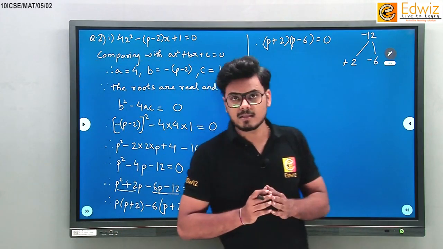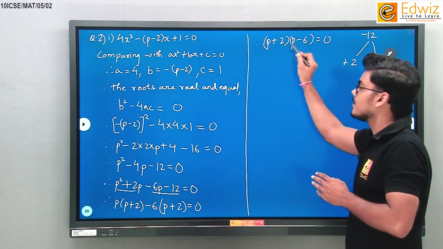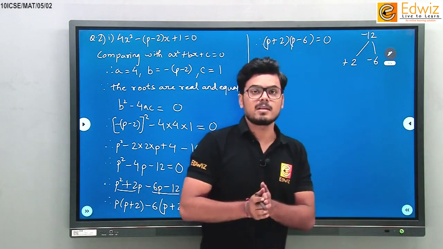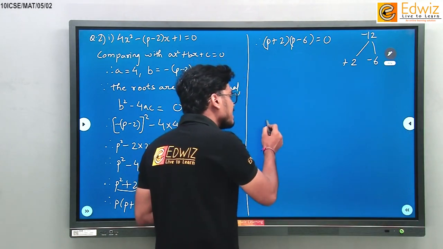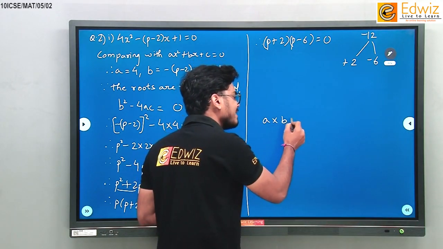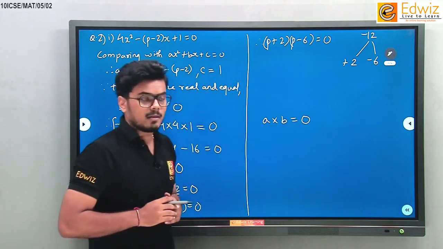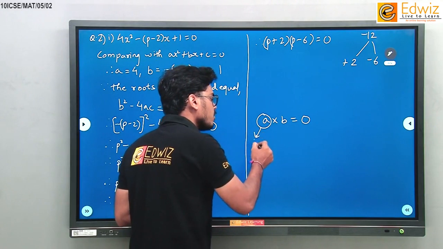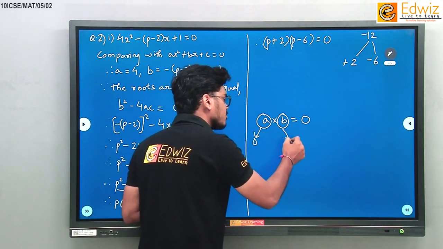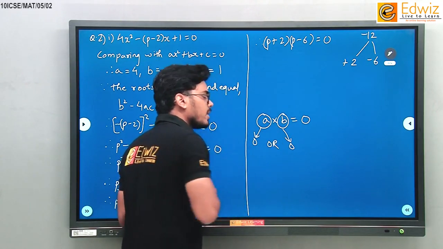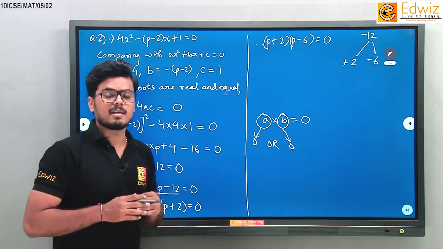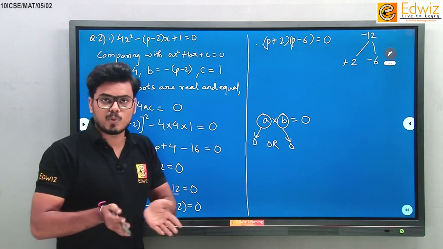Now just pay attention. Here we have two factors. The product of these two factors is equal to 0. But you know that if I multiply two numbers and their product is 0, it is compulsory that either this number has to be 0 or this number has to be 0. Okay? Because if neither A nor B is 0, then how can the product be 0? It is not possible.